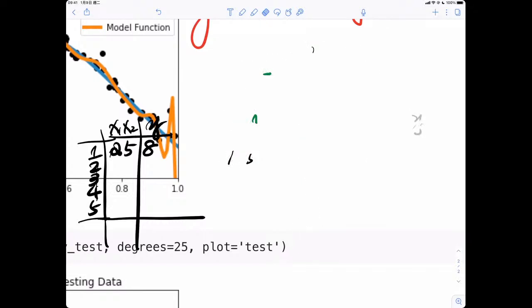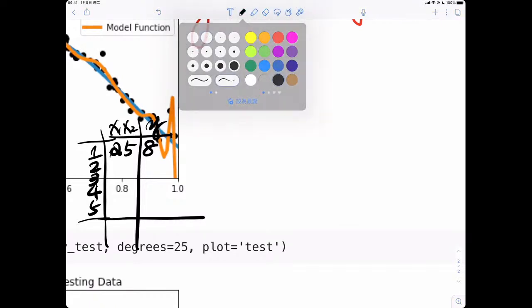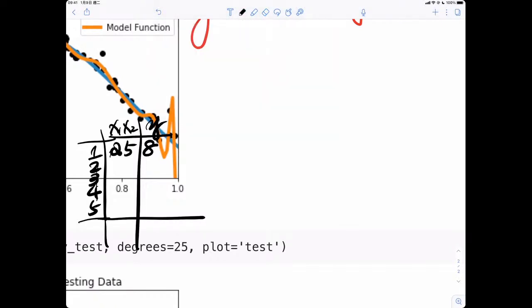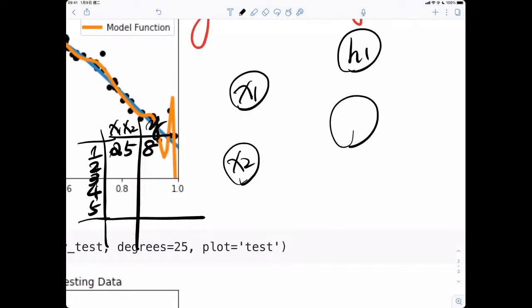I can even draw a very, very strange neural network, like this. We have x1, we have x2, and we have specific neurons h1, h2, up to hn. Each neuron has, for example, a convolution layer.